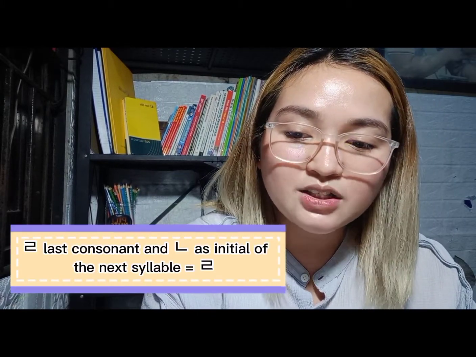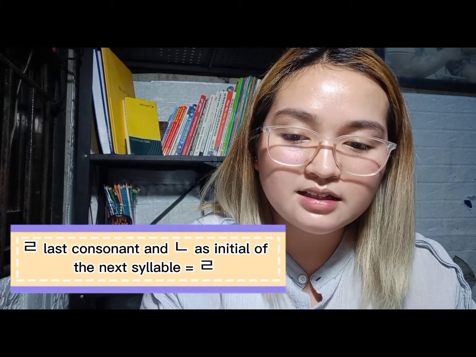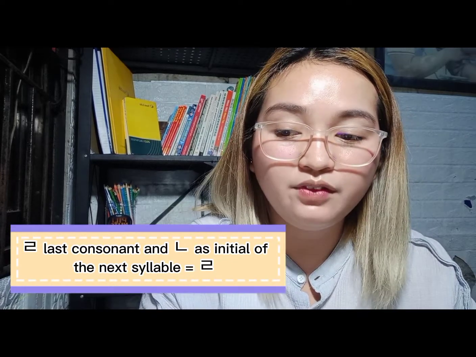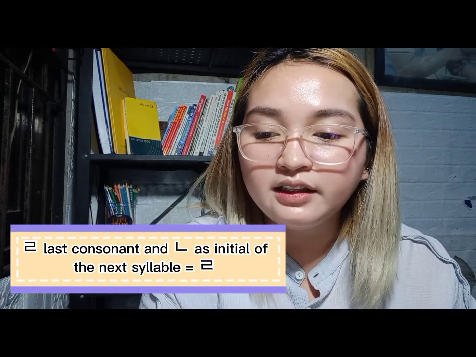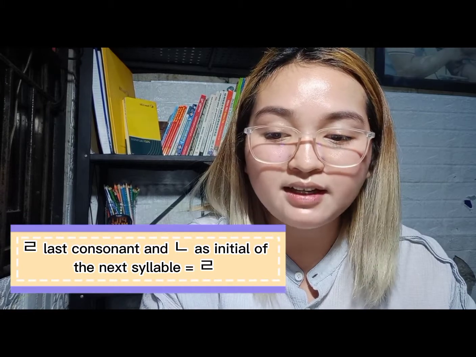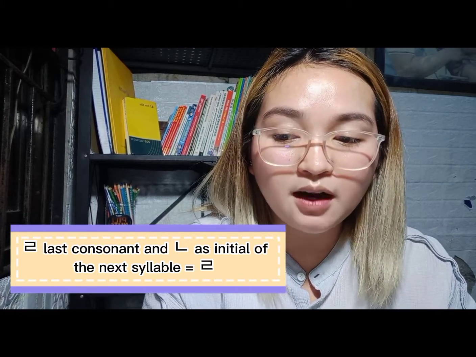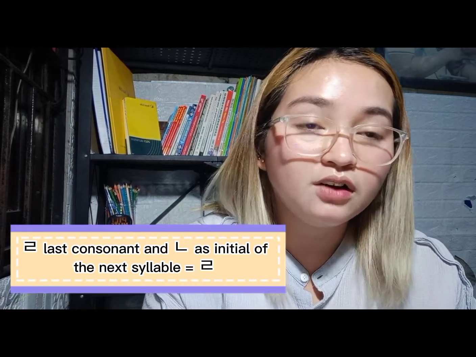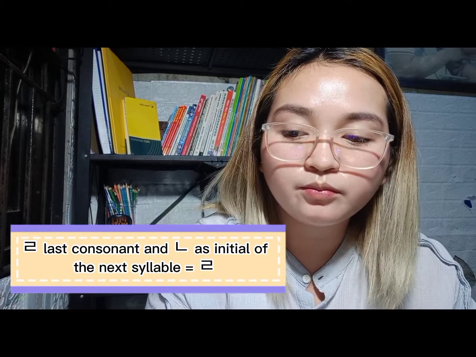So, another rule is that when Lil as a last consonant and neon as the initial consonant of the next syllable, neon will be replaced by Lil and it will become the initial consonant of the next syllable too.